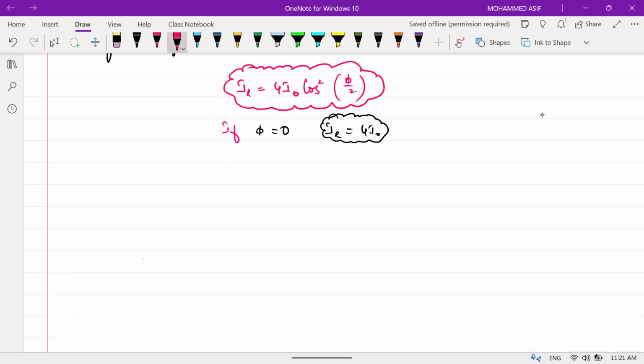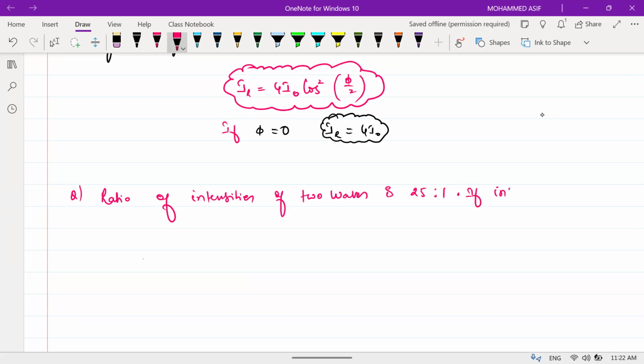So take one small question. Try to understand. The ratio of intensities of two waves is 25 is to 1.